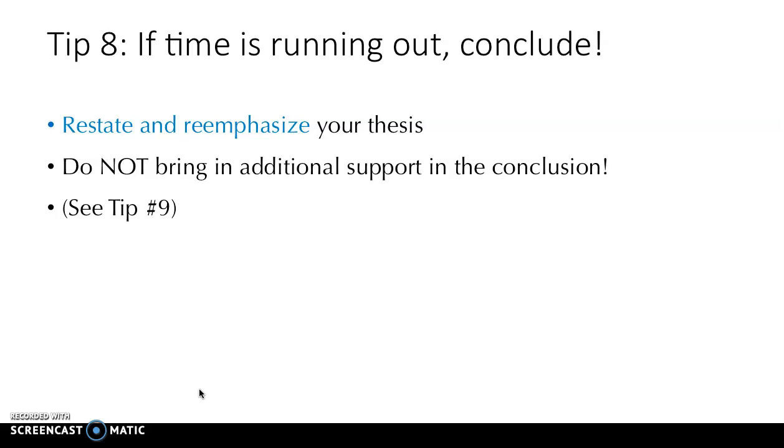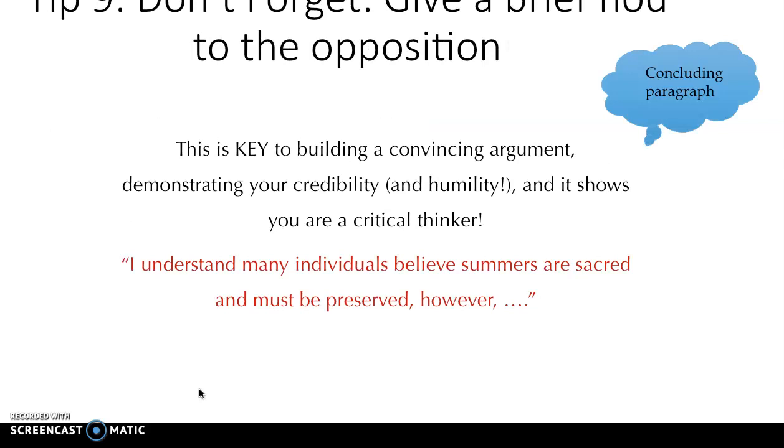However, I do have a tip, and that is tip 9. To show that you are a critical thinker and a college student who is 100% aware of the fact that there are multiple perspectives and viewpoints in the world, you want to give a nod to the opposition.